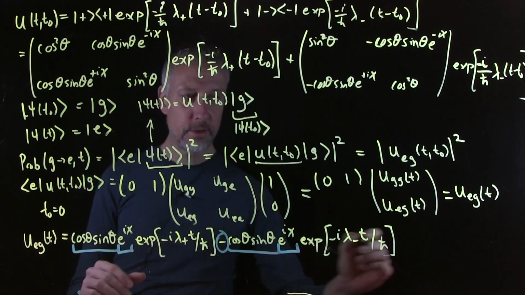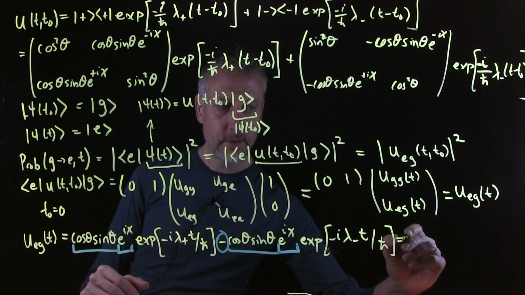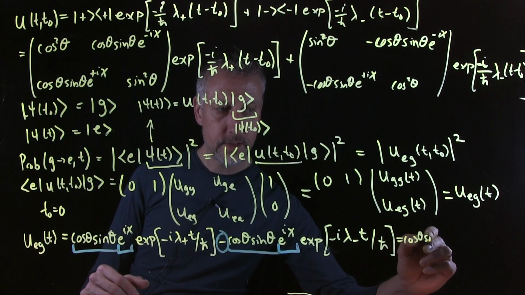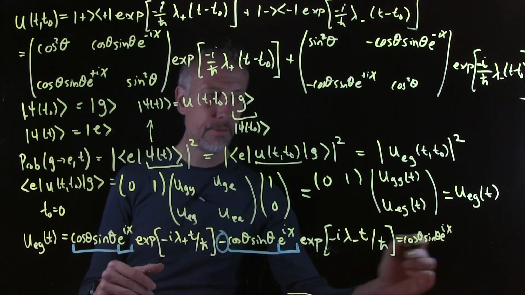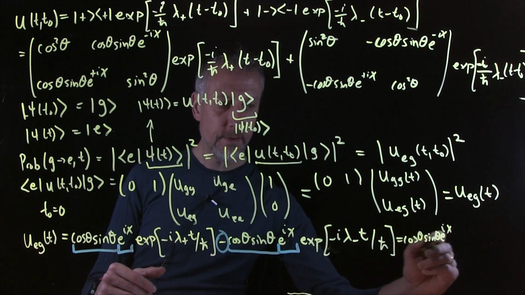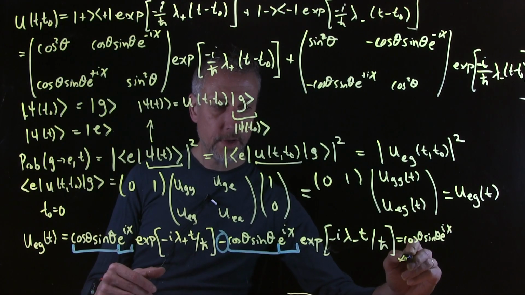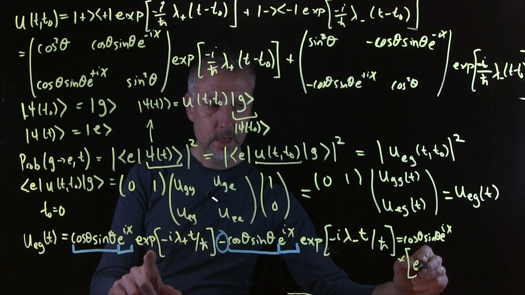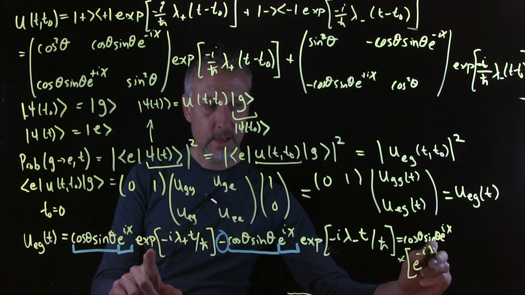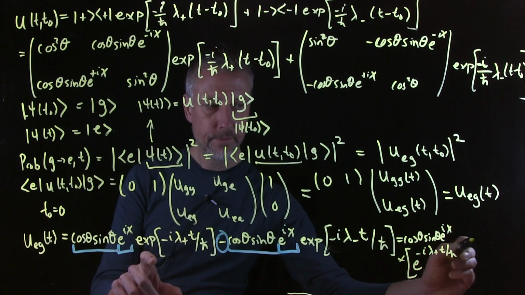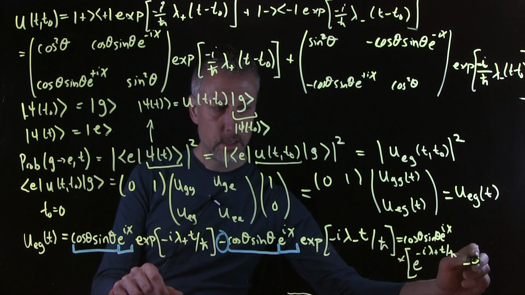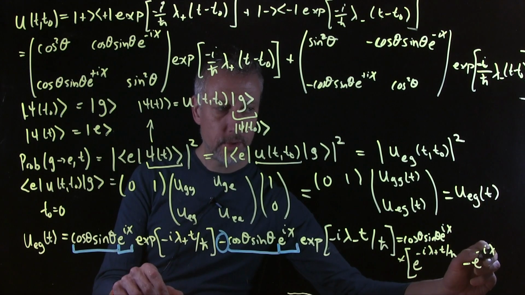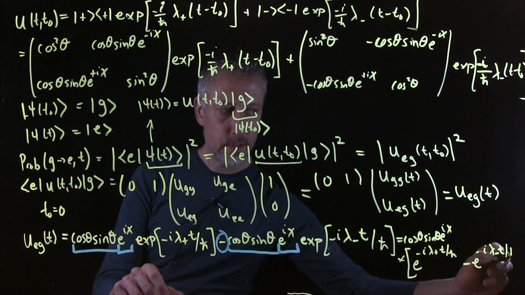So that's going to give us cosine theta sine theta e to the I chi, and what's left is the exponential e to the minus I lambda plus T over H bar minus e to the minus I lambda minus T over H bar.